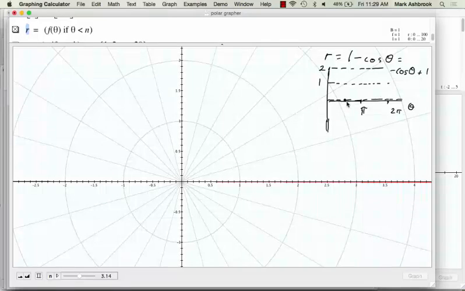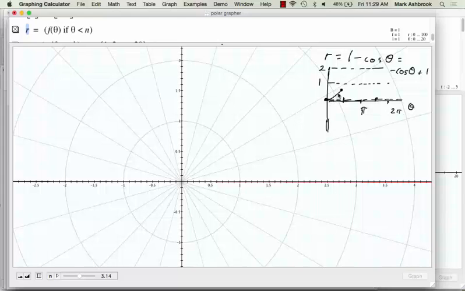Okay, now so again, we're going to draw one period of this. Negative cosine is going to start where? At the min, the midline, or the max? So we've got to know where cosine starts. Cosine starts at the max, so minus cosine is going to start at the min.